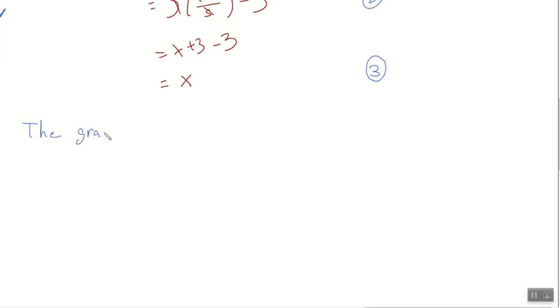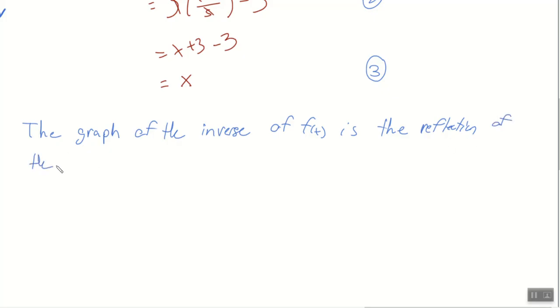The graph of the inverse of f of x is the reflection of the graph of f of x over the line, what was it?